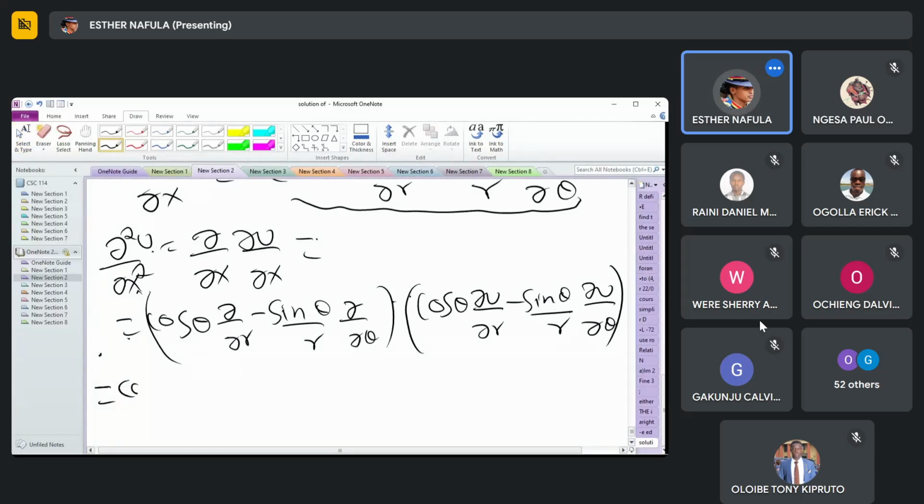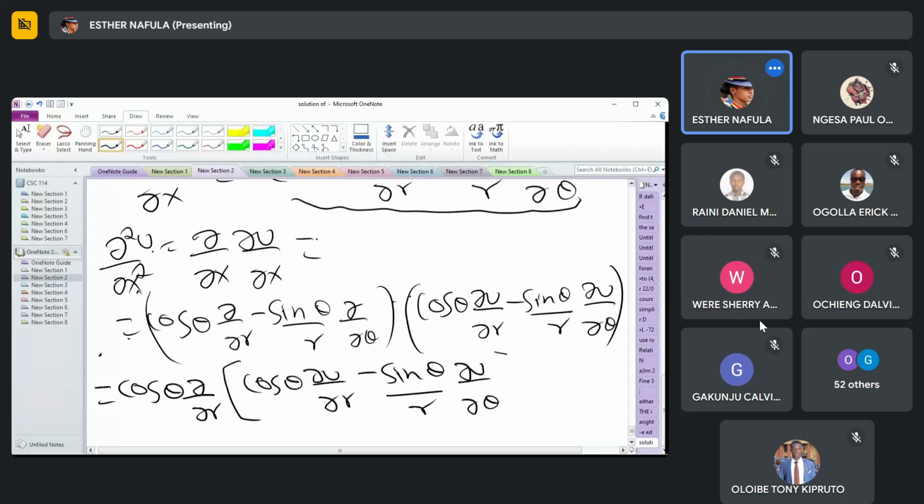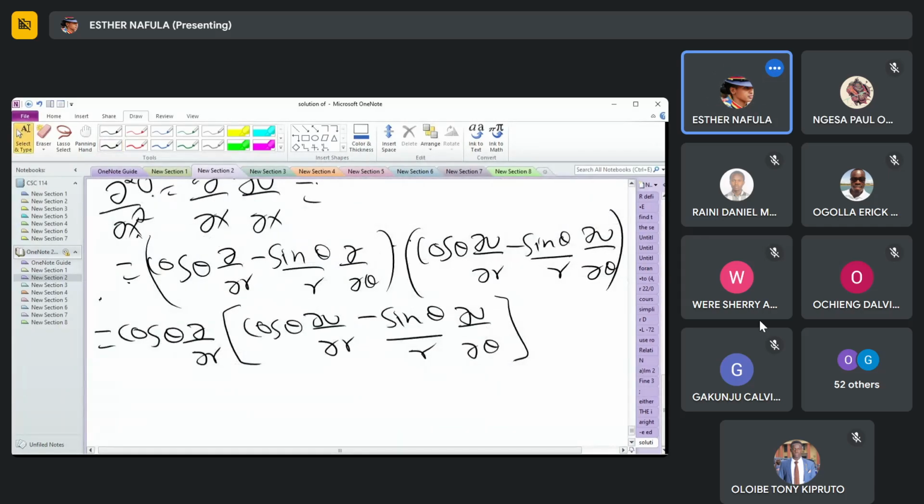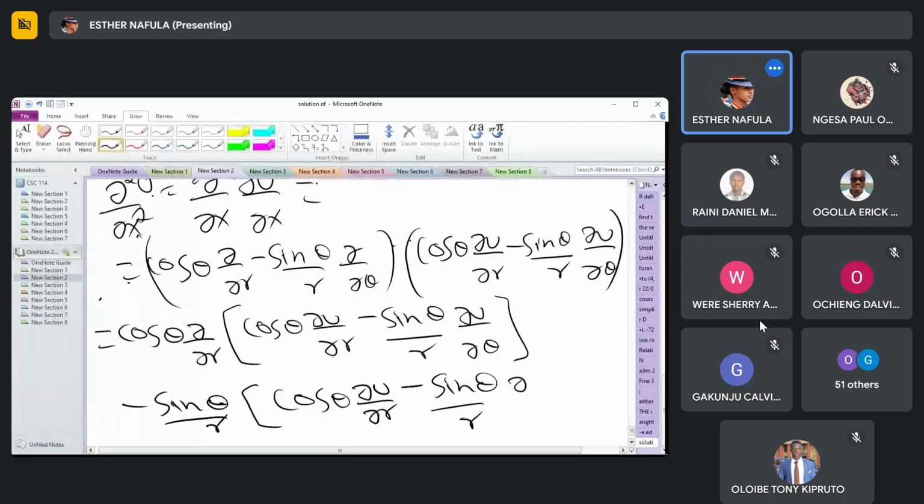This is equal to, we first take cos theta times partial r into the second bracket, cos theta partial u partial r minus sin theta over r partial u partial theta, minus sin theta over r times cos theta partial u partial r minus sin theta over r partial u partial theta.